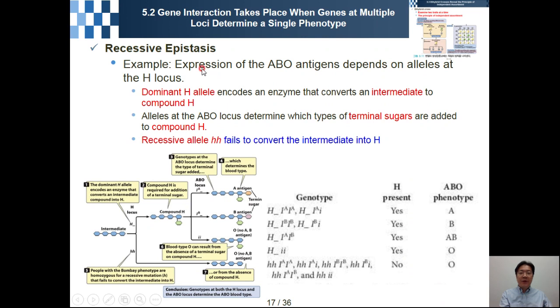The example is the expression of ABO antigen, which is dependent on the allele at the H locus. So they are in a dihybrid cross. The gene that encodes ABO antigen is located, for example, on chromosome 1.